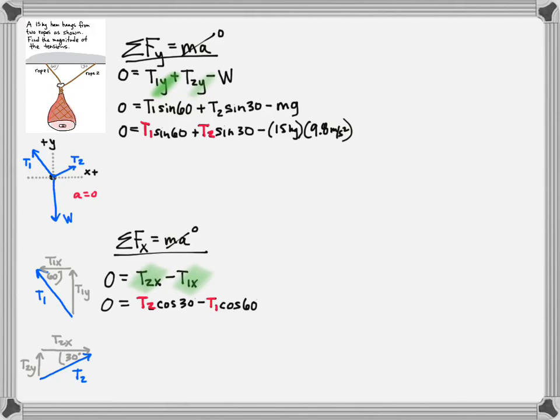Now, this equation that we just wrote has two of the very same unknowns we had up here, so now I have two equations with two unknowns and I can solve. I'm going to use substitution to solve.